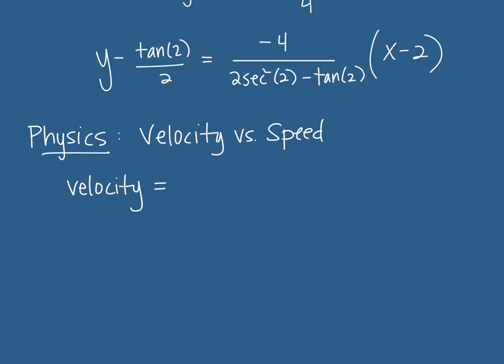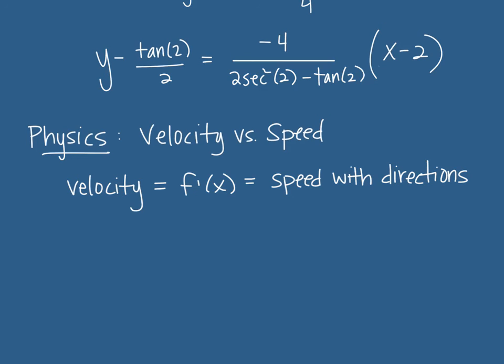Okay, to find the velocity, it's going to be f prime of x. It's the first derivative. And that will give you speed with direction. If you know about vectors, a velocity vector.